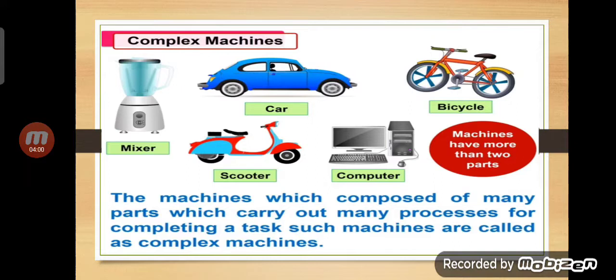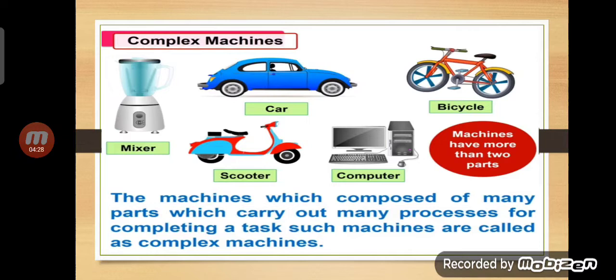We use all types of vehicles like car, scooter, bicycle to go from one place to another, right? Children, you might have seen also that your mother uses a mixer in the kitchen while cooking. We use the computer in schools, colleges and offices for some work.